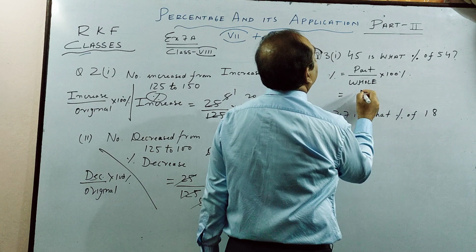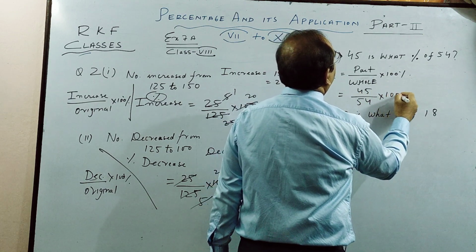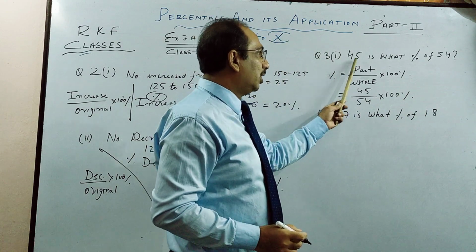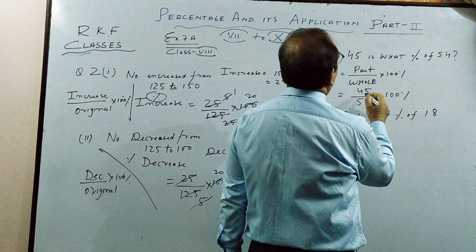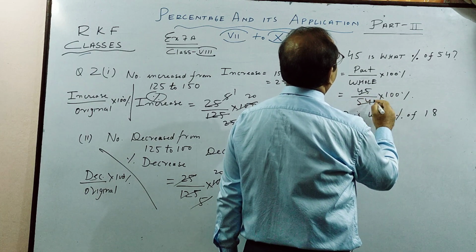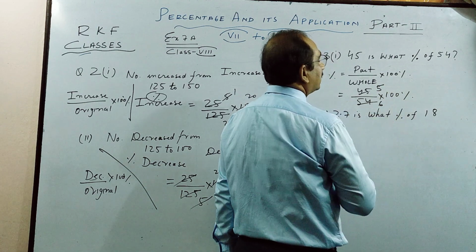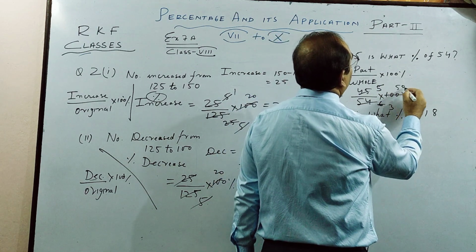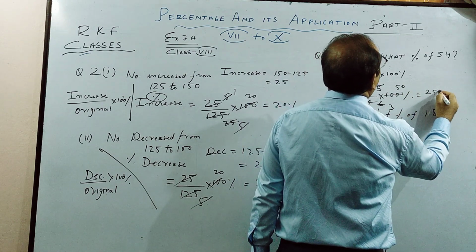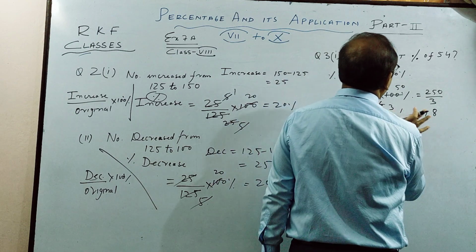So what do we get, children? 45 by 54 into 100%. 45 is what percent of 54? If you cancel, you will get 9 5s are 45, 9 6s are 54. This 3, this will become 50. So you will get 250 by 3.